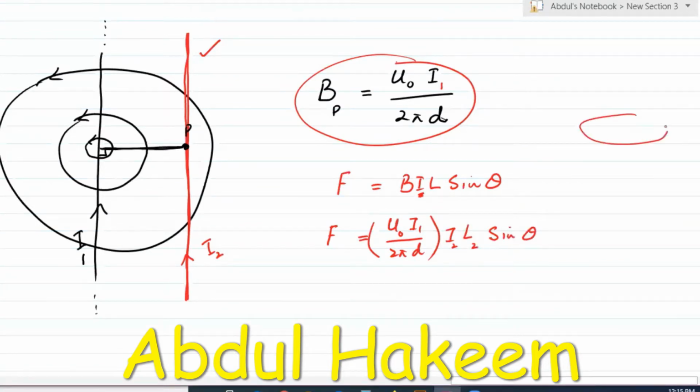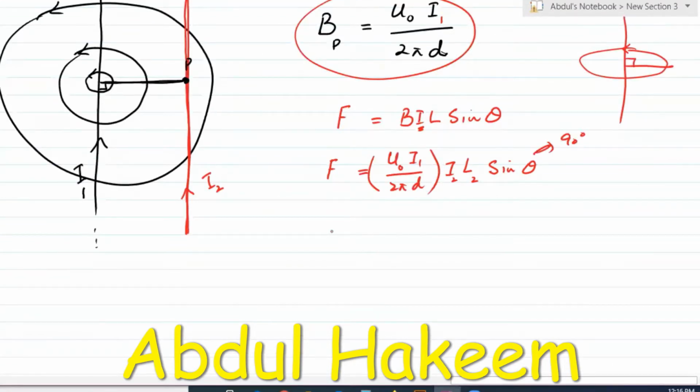Look, this is the direction of the magnetic field, and the wire is perpendicular to the plane of the field. So this theta angle is 90 degrees. So the formula is F is equal to mu naught I1 I2 over 2 pi d into L2 and sine theta.